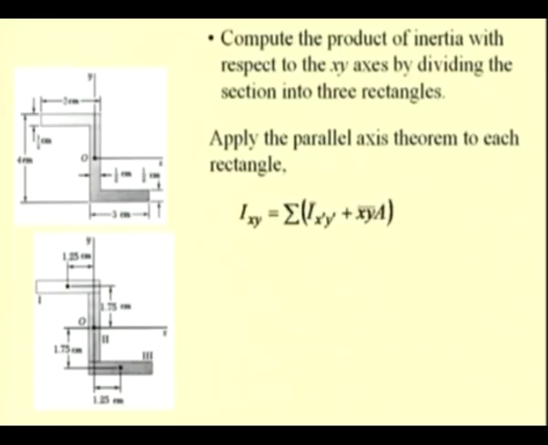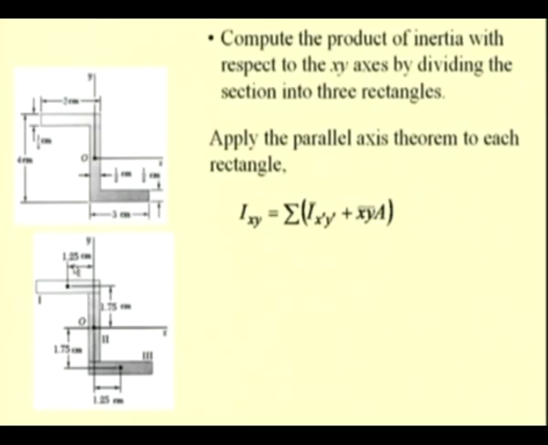Let us tabulate these values and apply this parallel axis theorem, because we are interested to now find the product of inertia of these individual areas with respect to the OXY axis.